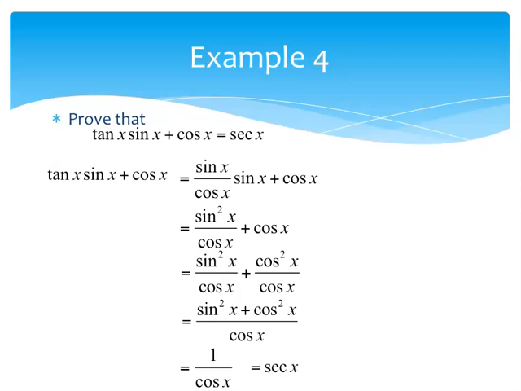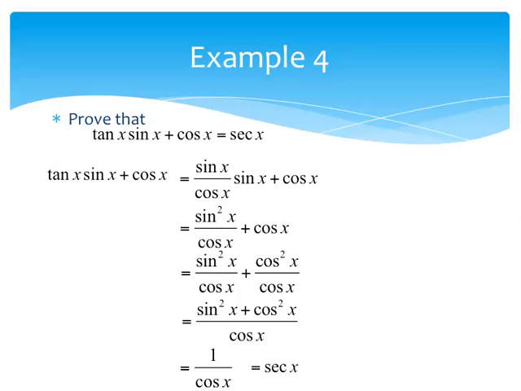So again, with all these proofs, they're different from just trying to simplify an expression. What's nice about proofs is that you have some statement that's given to you with an equal sign. You want to be able to show that one side is equal to the other side. Pick the more complicated side. Simplify it down using identities, using knowledge from algebra and what you can do with certain things, how you can combine certain things, factor certain things.